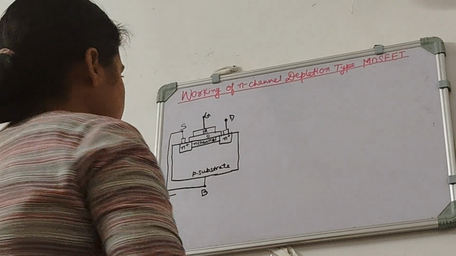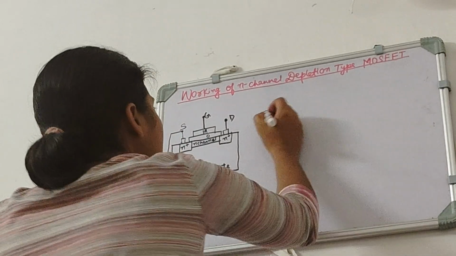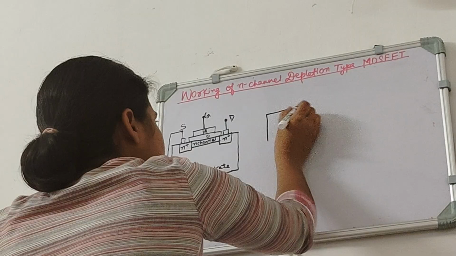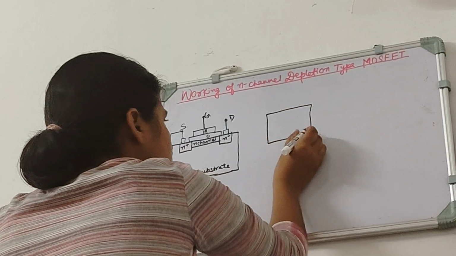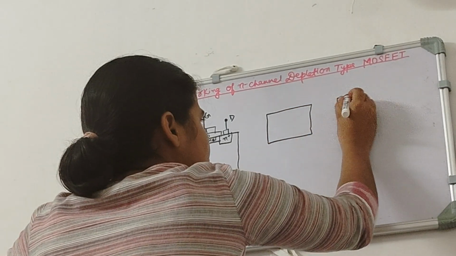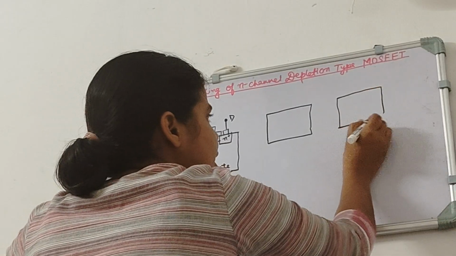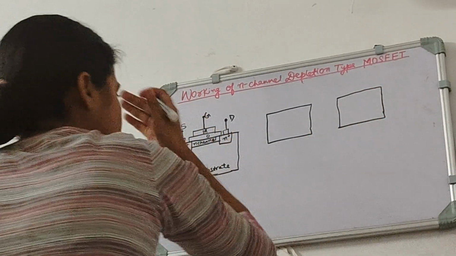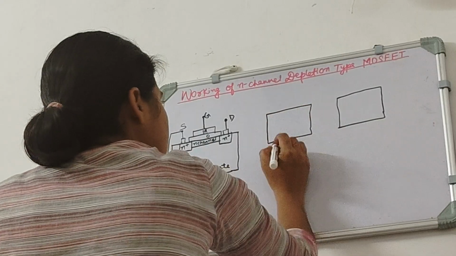Okay, now let's first see what n-type material and p-type material look like. I hope everyone knows about it, but I am making it clear so that there is no confusion.